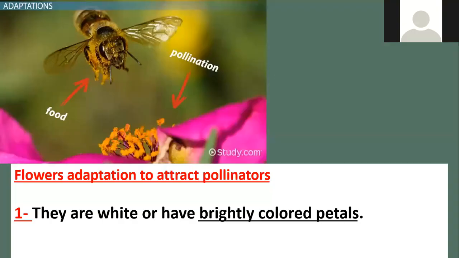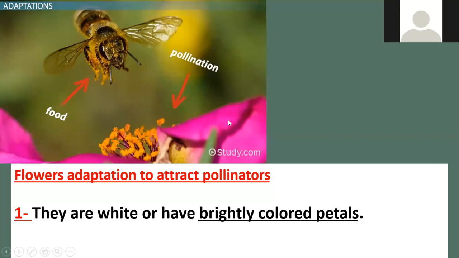So my question now is, why do you think bats or these insects come to the flower? I described it: to take its food, which is nectar and protein. Also, flowers are very attractive.